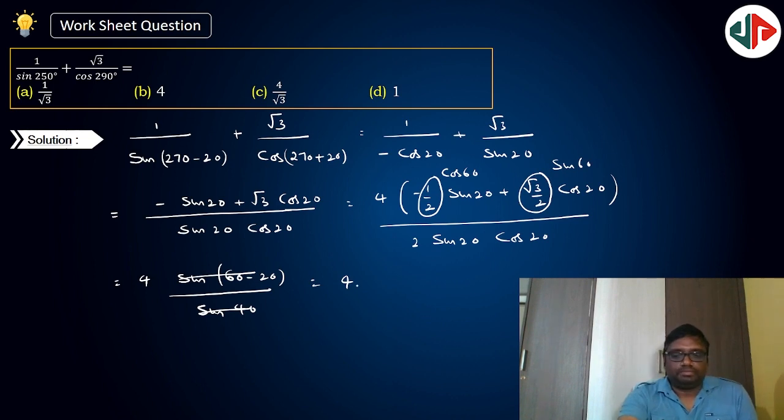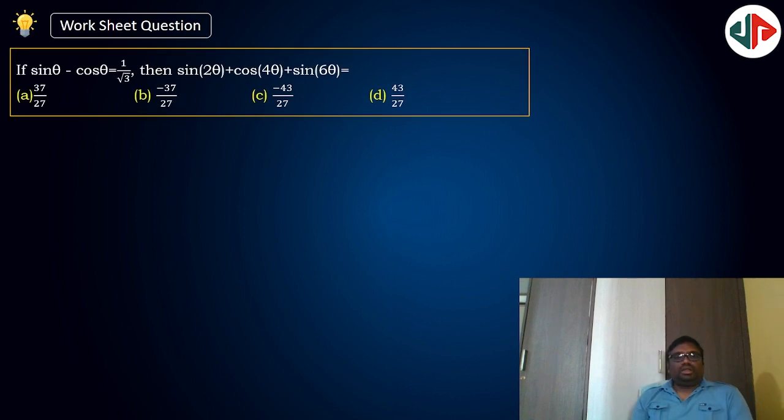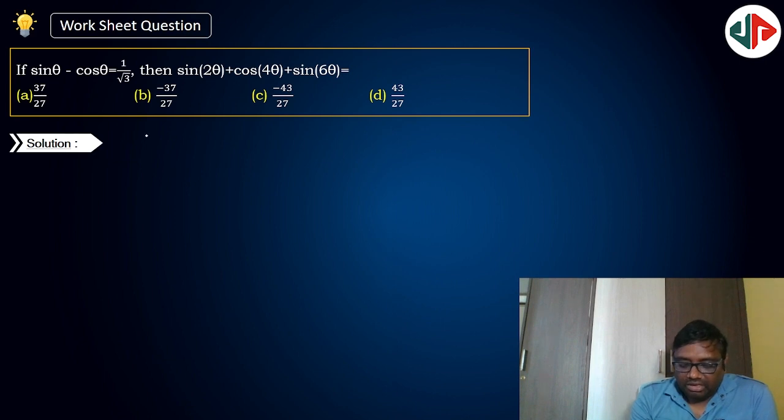That is your answer. In the same manner, if sine theta minus cos theta is equal to 1 by root 3, then what is the value of sine 2 theta plus cos 4 theta plus sine 6 theta? If you see here, sine theta minus cos theta whole square, squaring on both sides I'm doing. Sine theta minus cos theta whole square is equal to 1 by root 3 whole square.